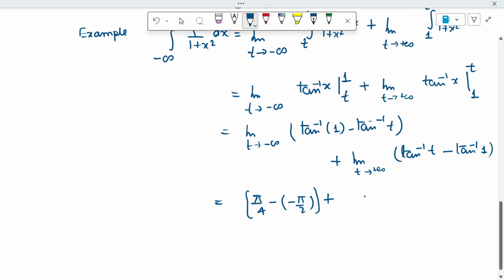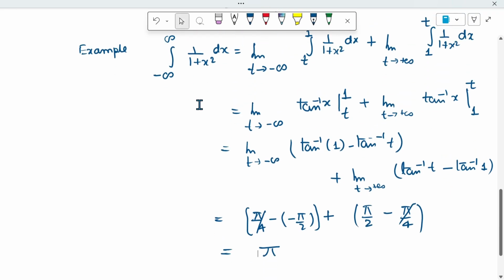In another case we have tan inverse t, where t tends towards plus infinity, so this will tend towards pi by 2, and the other is tan inverse 1, that will be pi by 4. So this pi by 4 and this pi by 4 will cancel out, and we have pi by 2 plus pi by 2, that will be equal to pi. So this is the limit of this function, and this is convergent.